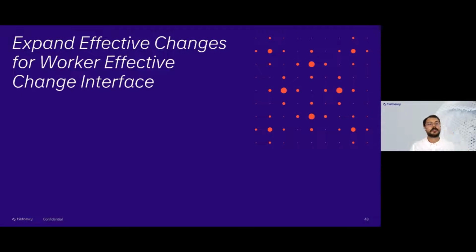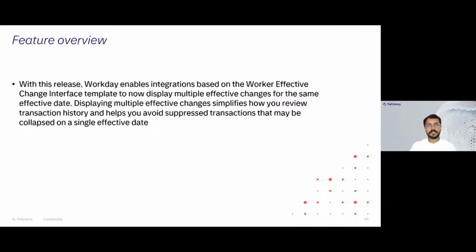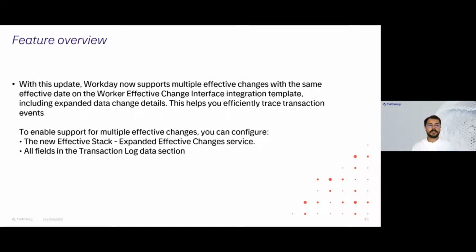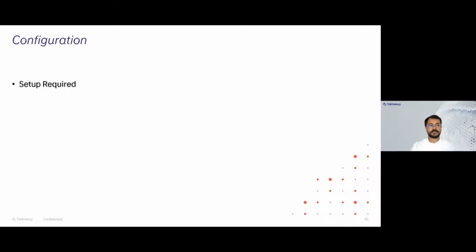So we were talking about expanded effective changes for the worker effective change interface, how we will be capturing multiple effective changes for the same effective date. For that, we will have to select in the services the new effective stack, that is expanded effective change services, as well as all fields in the transactional log data section.